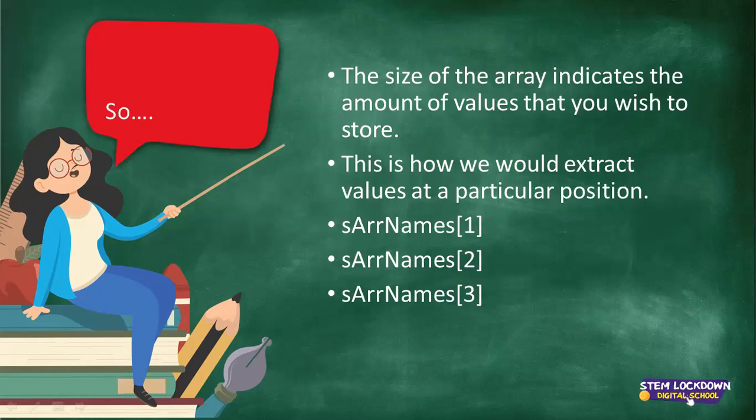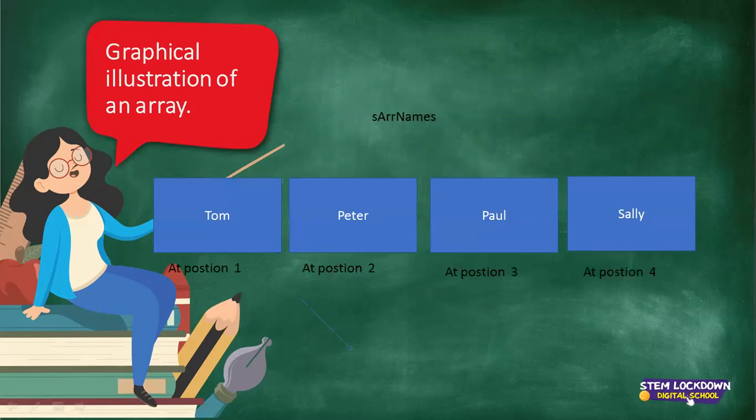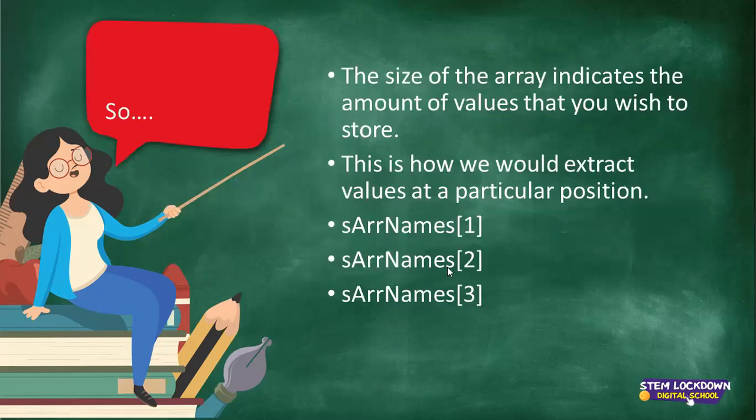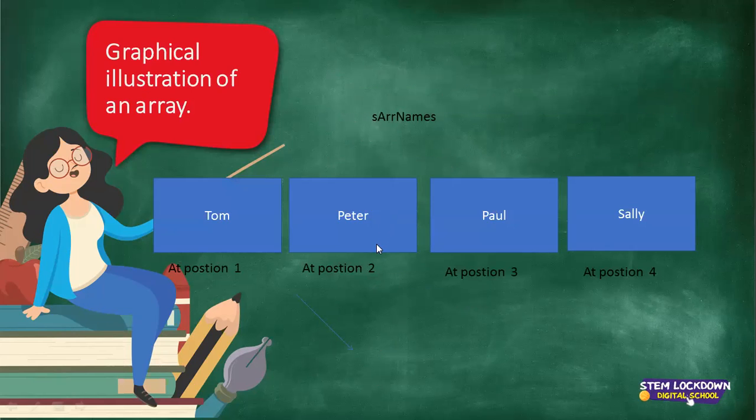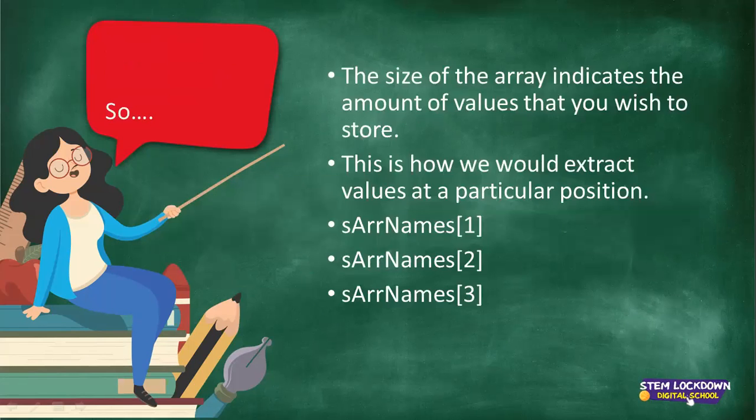And what is stored at array names position 1? We can see that Tom is stored there. What is stored at position 2? Peter. What is stored at position 3? Paul is stored there, and at array names position 4, we can see that Sally is stored.